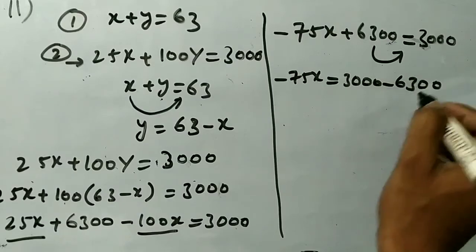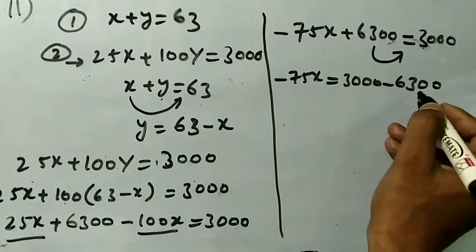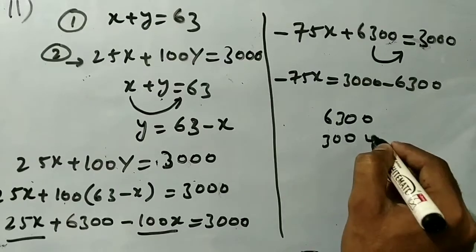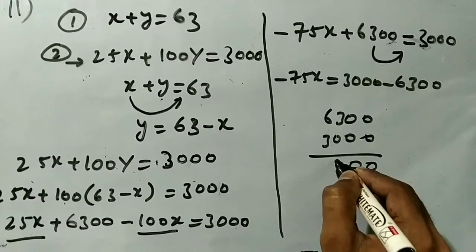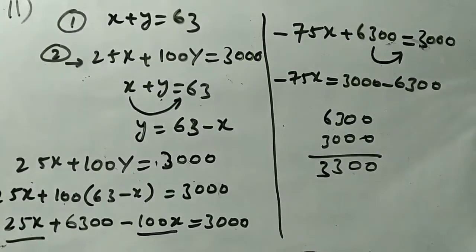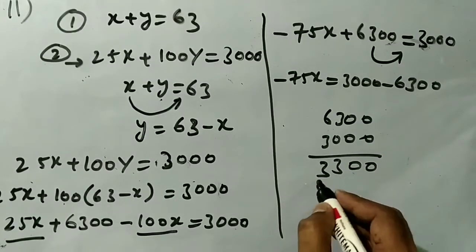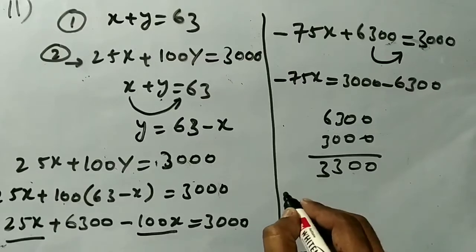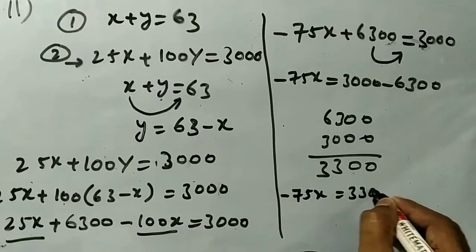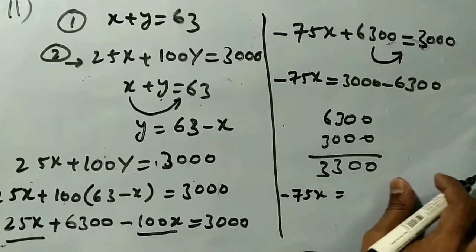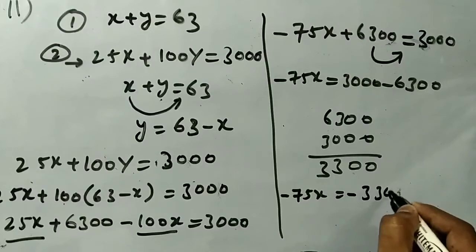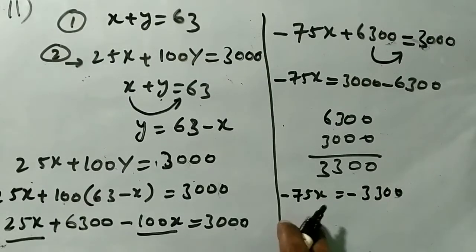Substitute the value: 6300 minus 3000, 6 minus 3 is equal to 3, so 3300. Because it is the bigger value, it has a minus, so minus 3300.